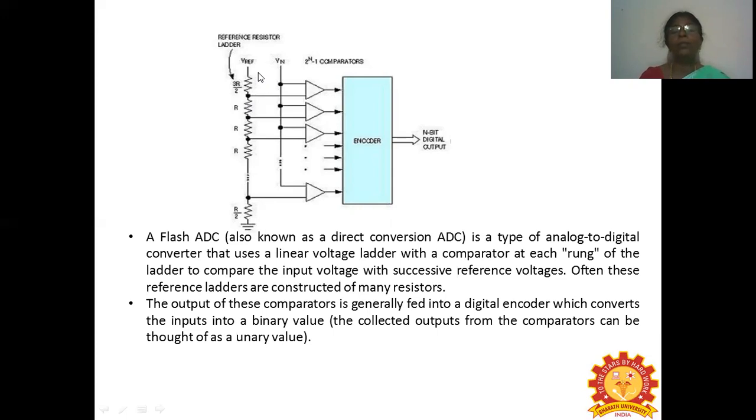The output of the comparators is applied to a digital encoder. That encoder converts the input into a binary value. The collected output from the comparators can be seen as a unique value.